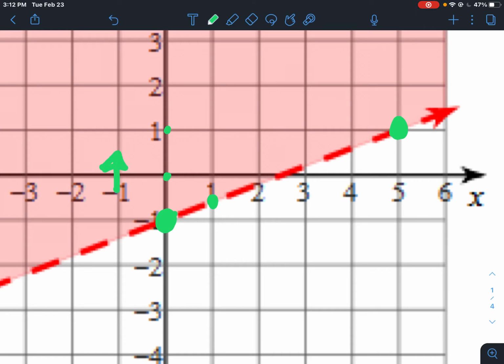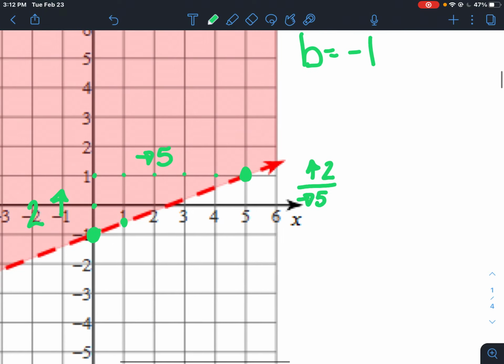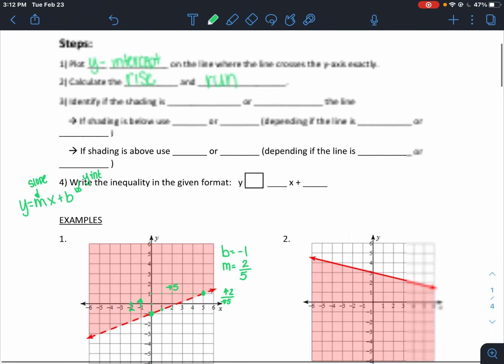So up 2, and right 1, 2, 3, 4, 5. So right 5. Again, don't be afraid to write all over this, just like I'm doing. So up 2, that's my rise, and my run is right 5. So my slope is 2 over 5.